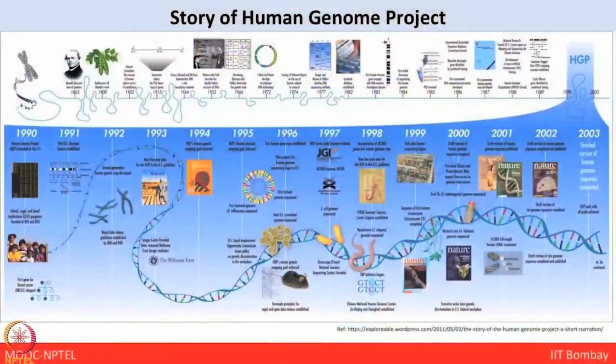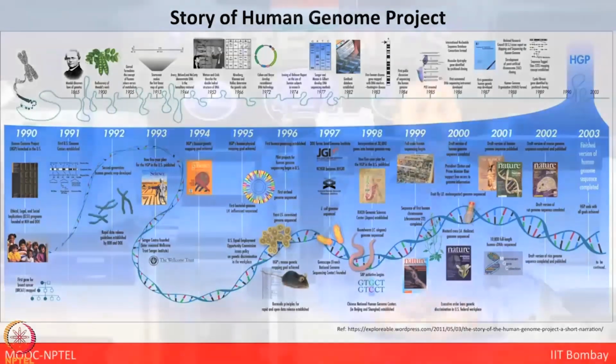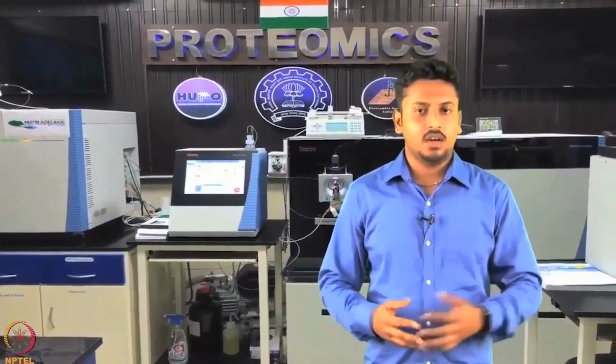In 1997, the genome of E. coli was published. After that, we all know the biggest breakthrough happened with the publication of the Human Genome Project around 2004. After that, we never moved back, and the amount of data generated was huge, and we are still generating a huge amount of data.